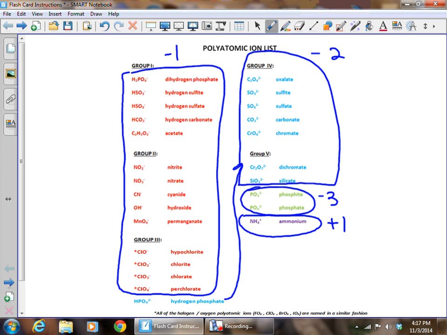So you're going to need 14 of one color, 8 of another color, 2 of a third color, and only 1 card of a different color for ammonium.